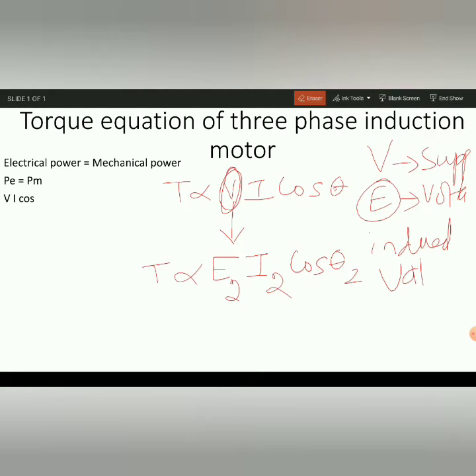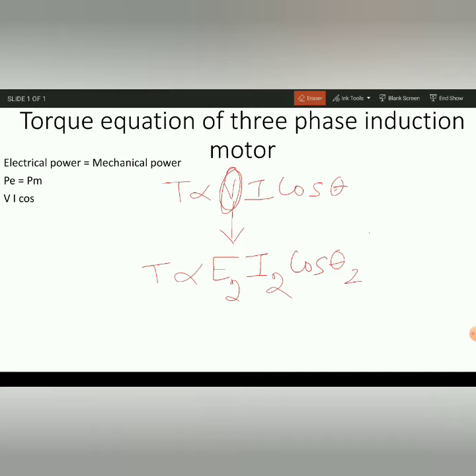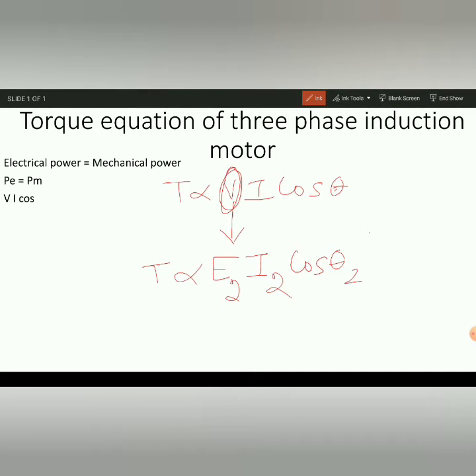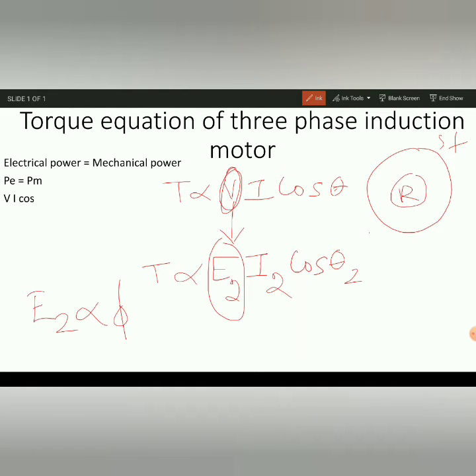Then another point is that E2 can also be written in a different way. E2 is proportional to phi. So what is that phi? Here it is a stator and here we have a rotor. In the rotor, the EMF is induced.